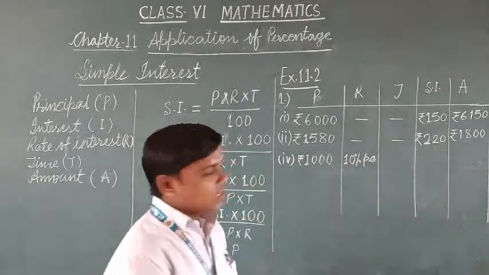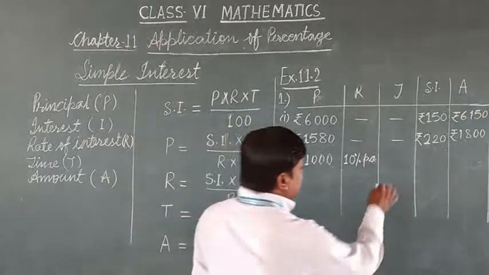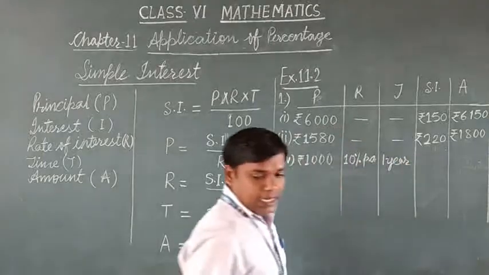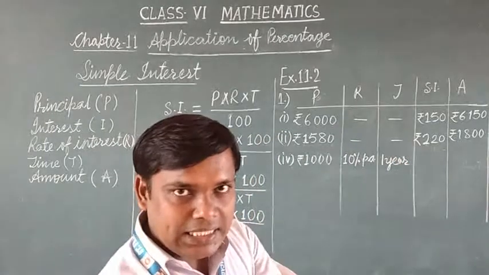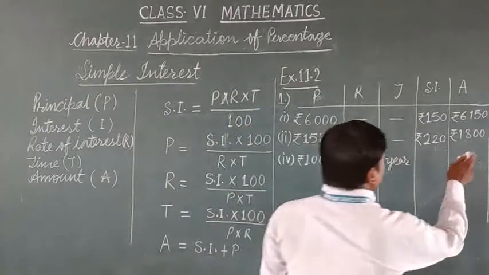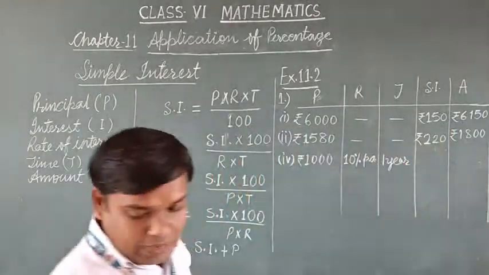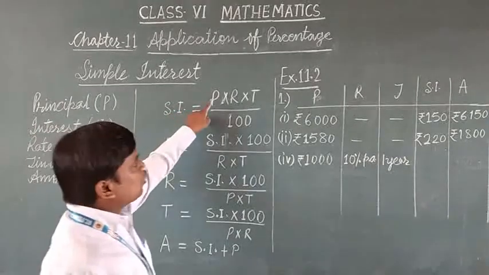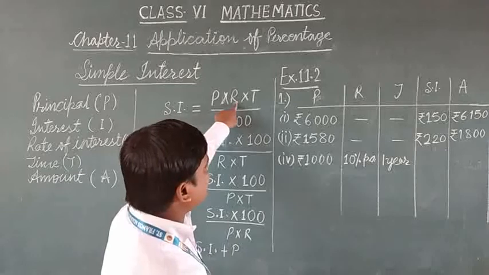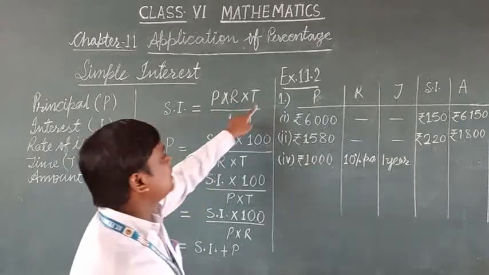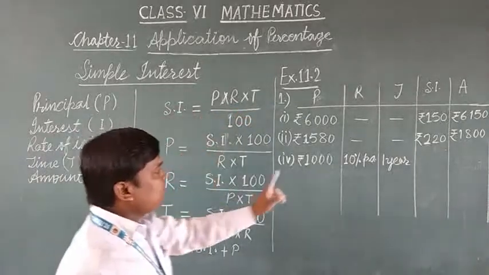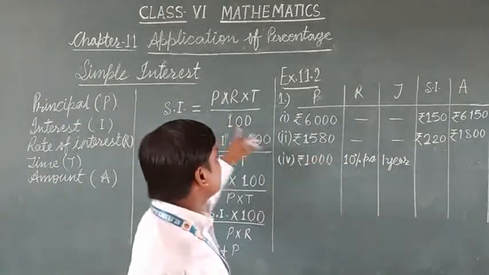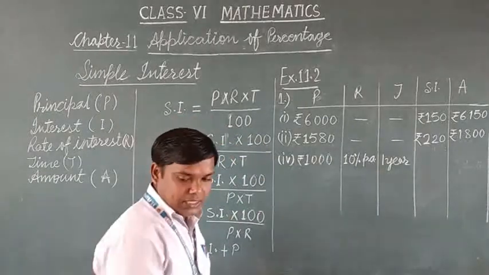Time is given 1 year. It is asking to calculate interest and amount. Now we have the relationship here. Simple interest is equal to principal multiplied by rate of interest multiplied by time divided by 100. And we have all these three given: principal, rate of interest and time. We can calculate SI.